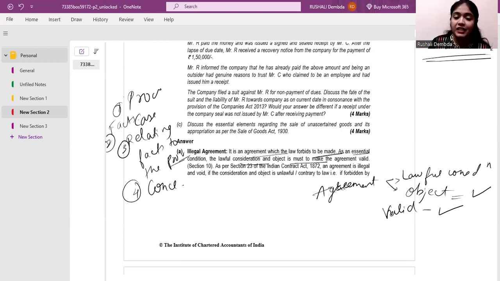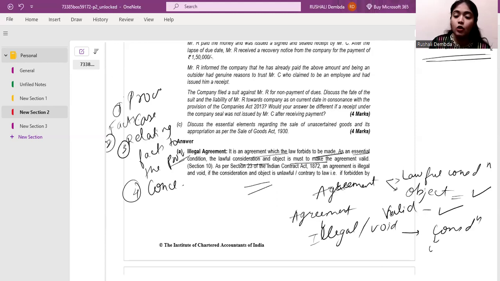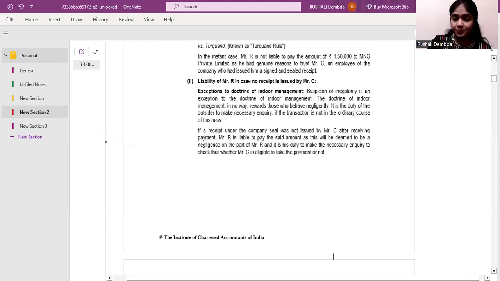Now further, as per section 23 of the Indian Contract Act, an agreement is illegal or void if the consideration or object is unlawful, contradictory to law, forbidden by law, which is not allowed as per the law.